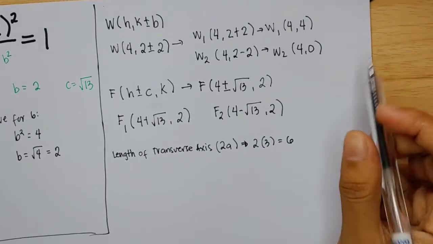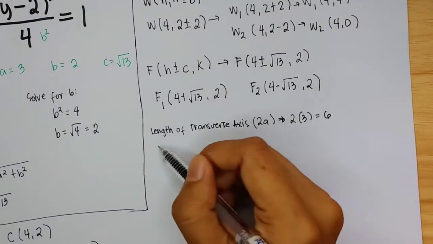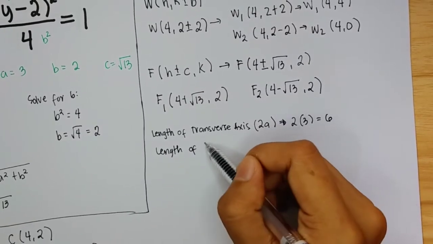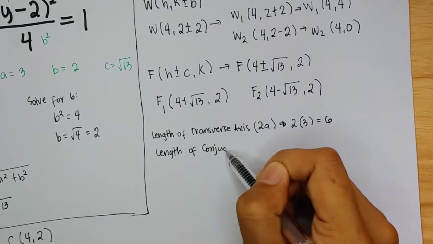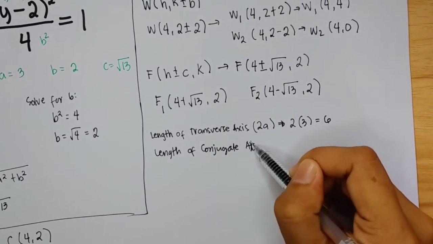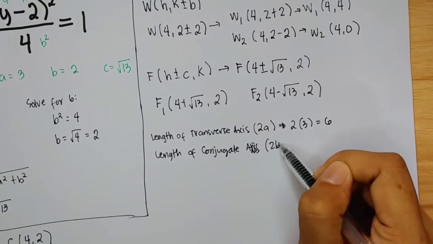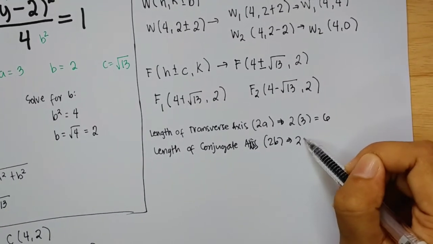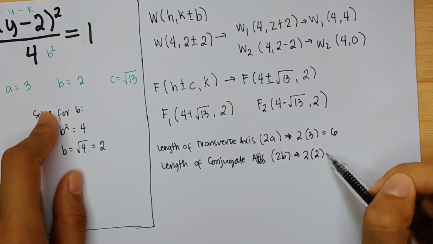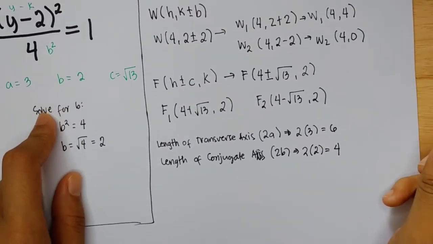So, yan yung length ng transverse axis natin. How about yung length of conjugate axis natin? Okay, conjugate axis. So, we have 2b. So, that is 2 times yung b natin, we have 2. So, we have 2 times 2, that is equal to 4.